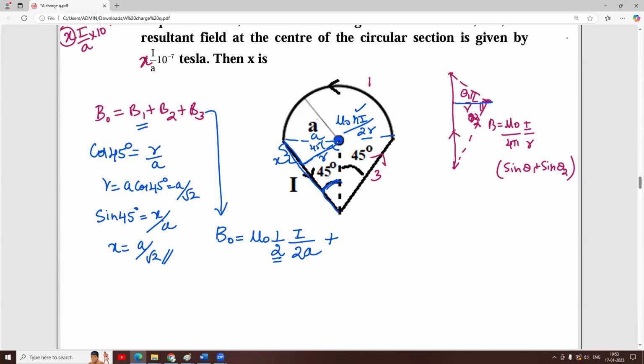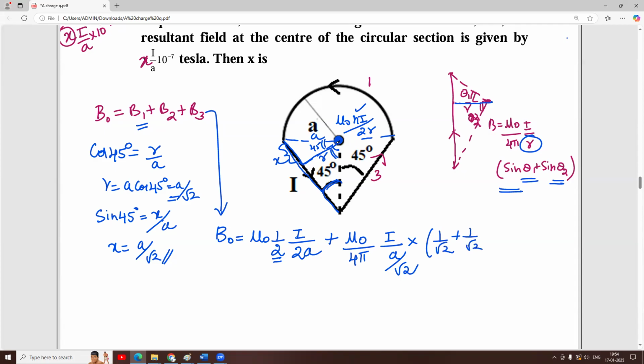Plus the magnetic field due to the straight part of the wire at the center. You have to apply this formula: mu naught by 4 pi, I by this distance. That distance we have already found, A by root 2, into sin theta 1 plus sin theta 2. Sin theta 1 plus sin theta 2 is sin 45 plus sin 45, that is 1 by root 2 plus 1 by root 2, which gives 2 by root 2.